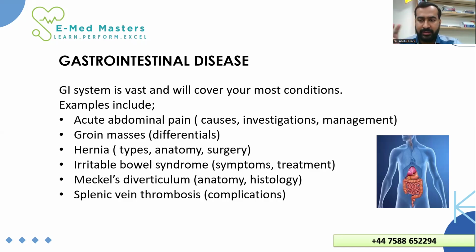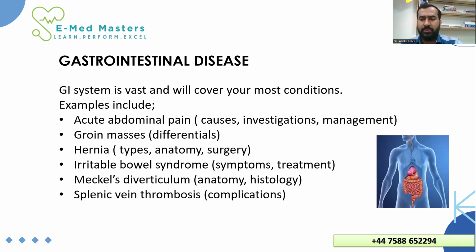I have taken some examples from very common conditions. Like the question will be asked about acute abdominal pain. What might be causing acute abdominal pain? In your routine practice, if you are a first year surgical resident, you will see a patient coming to the emergency with the complaint of simple abdominal pain.